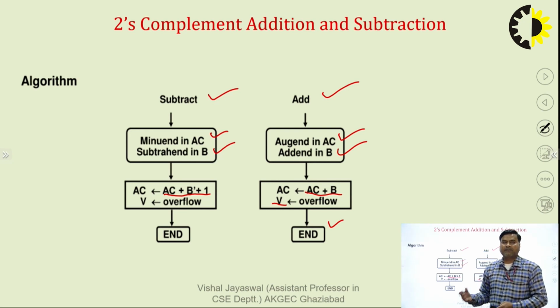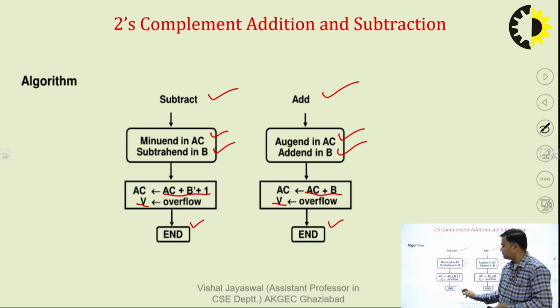We perform subtraction by the 2's complement form, and 2's complement form is B bar plus 1. Then if there is an overflow, we detect an overflow. If V is set to 1, then we can say that there is an overflow, otherwise not.